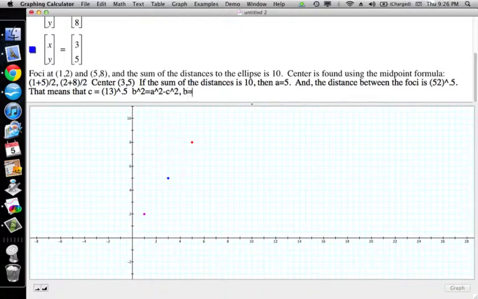So b is going to be 25 minus 13, to the 0.5. So it's going to be the square root of 12. So it's going to be 2 root 3. 2 root 3.